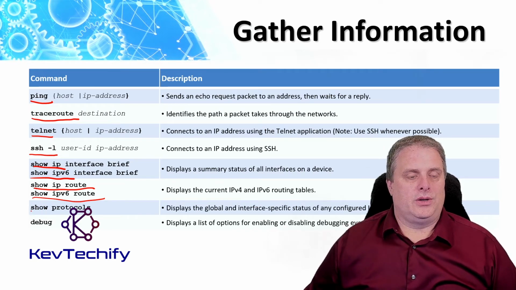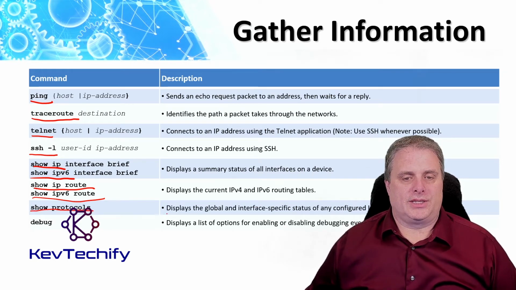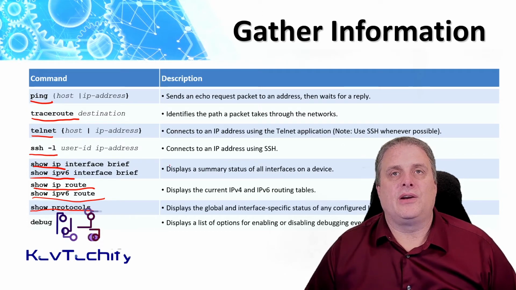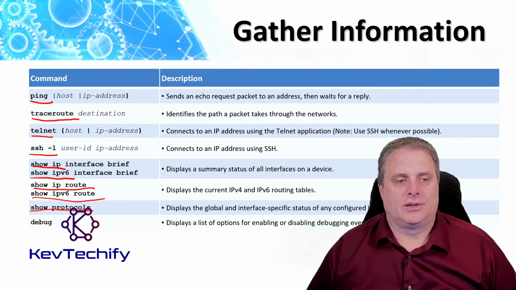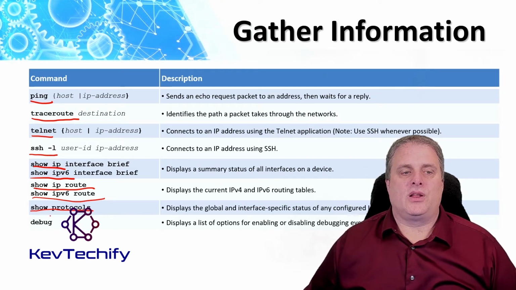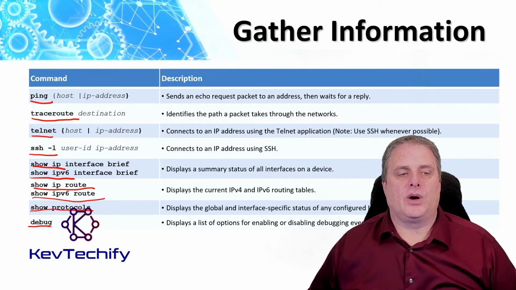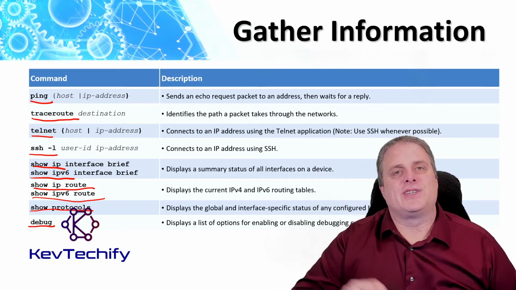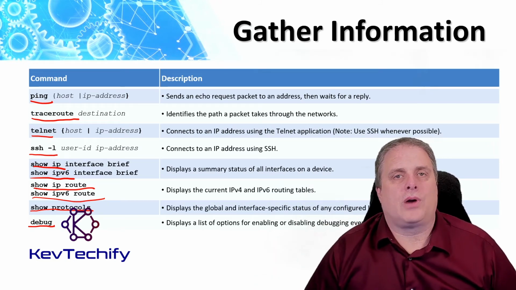Then make sure you do a show protocols, and that's going to display the status of any configured layer 3 protocols you have. And then finally, when all else fails, you can start using the debug command and turn on different levels of debug, which will give you different system messages popping up on your routers and switches.